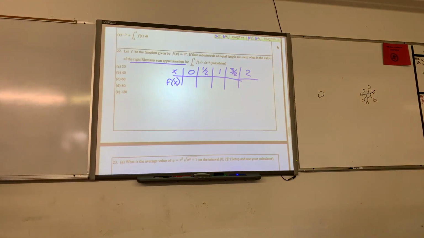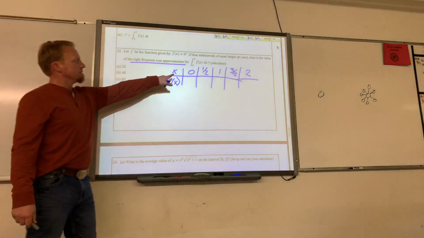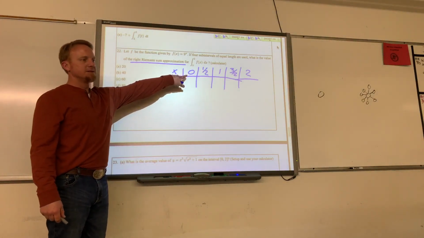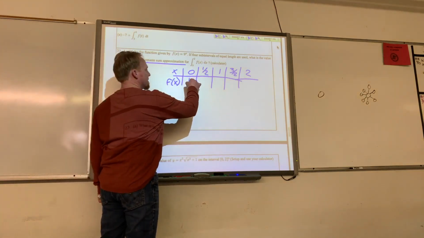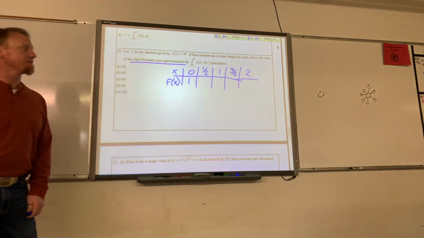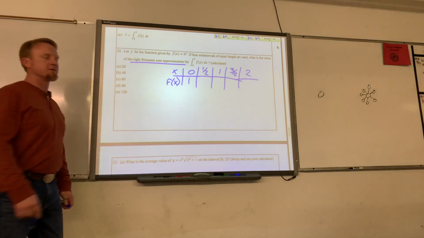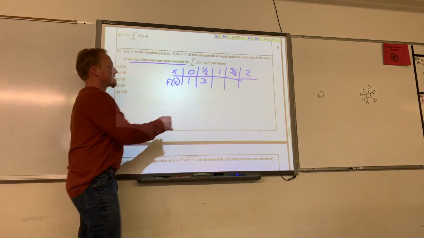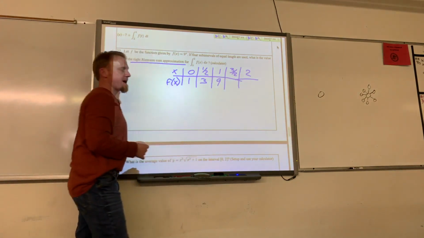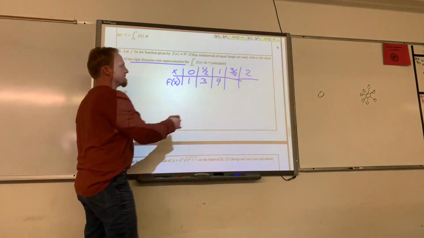I've got my table, then it should be super easy to get my Riemann sum. All right, so where do I plug 0 into the function? 9 to the 0 power is 1. Plug in 1/2. 9 to the 1/2 power is 3. Plug in 1. 9 to the first, obviously 9. 3 halves, 27.